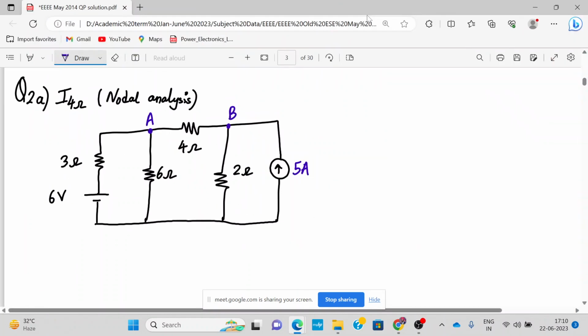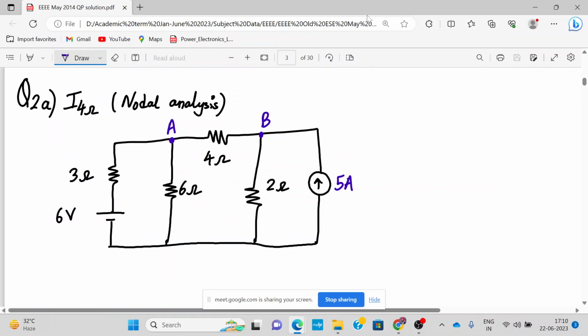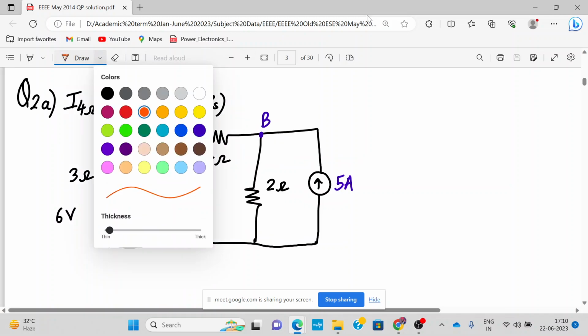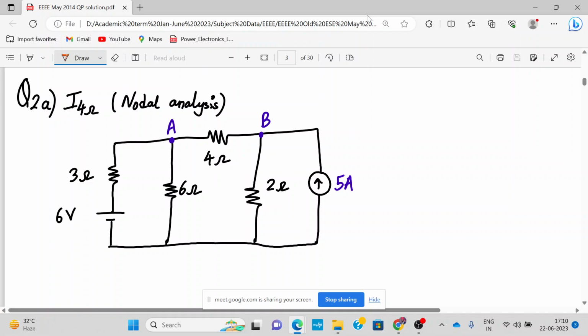Let me maximize it because now we are going to solve it using nodal analysis. Can we start? Are you all ready? Yes, sir. Okay. Nodal analysis means that you have one node and you have one reference node.